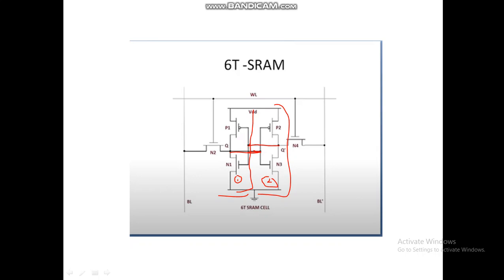Again, there are two NMOS transistors, N2 and N4. Their gate terminals are connected together, and here we are applying the word line. The source terminals of the PMOS of both inverters are connected together and we are applying VDD.